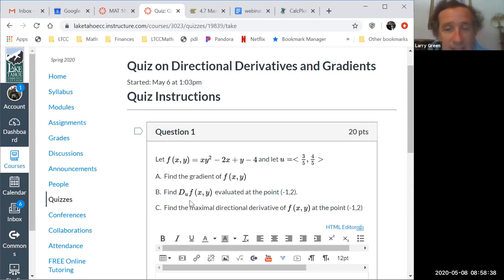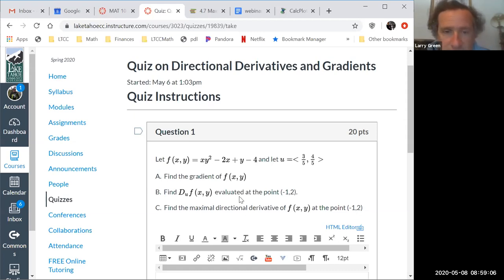The way you say that is that's the directional derivative of the function f in the direction of the unit vector u, 3/5, 4/5, evaluated at the point -1, 2. So one of the hardest things might be just to get everything straight in terms of what these instructions are telling you. Is that clear?